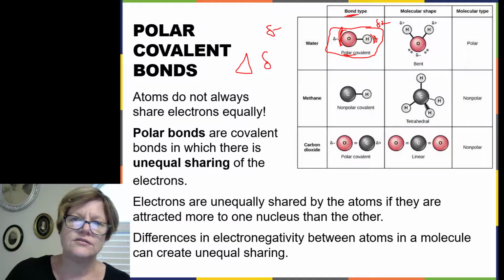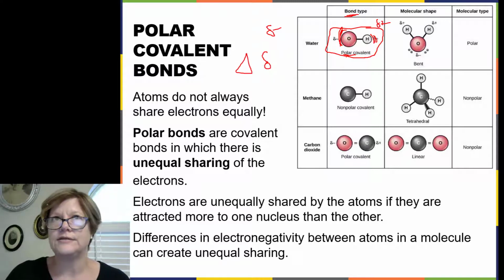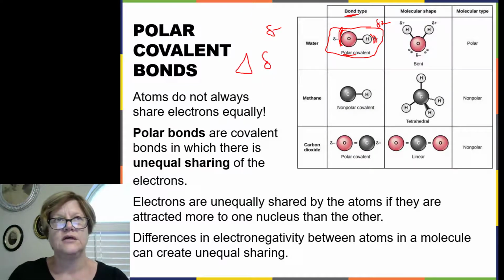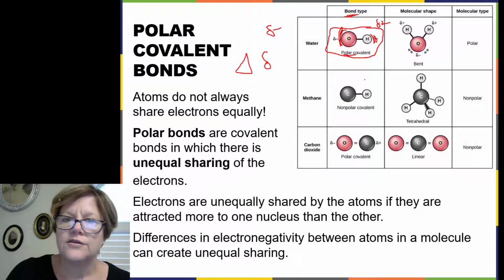And an ionic bond is fully polar because you have a full positive charge on one atom and a full negative charge on the other atom. So I guess it makes sense to call it polar covalent. You also have nonpolar covalent.